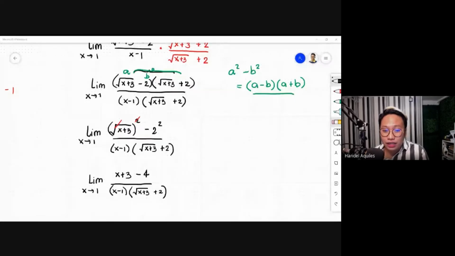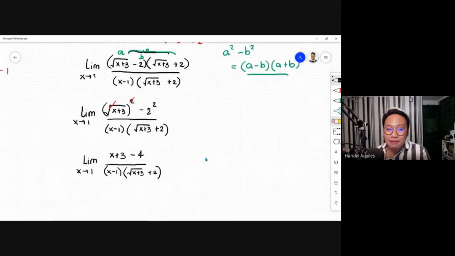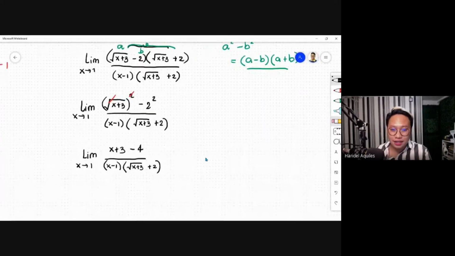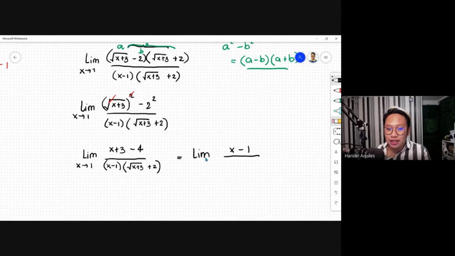And you are going to solve them. What is 3 minus 4? 3 minus 4 is just negative 1. So we have this answer here: limit of x minus 1 over x minus 1 times square root of x plus 3 plus 2 as x approaches 1.